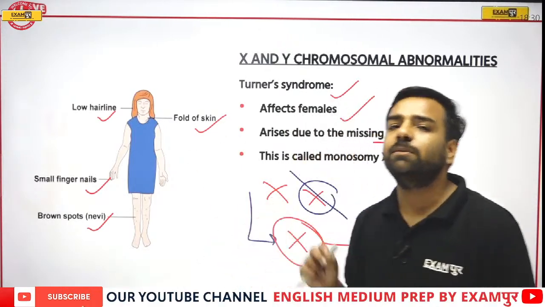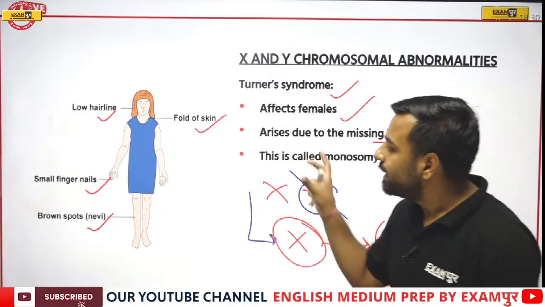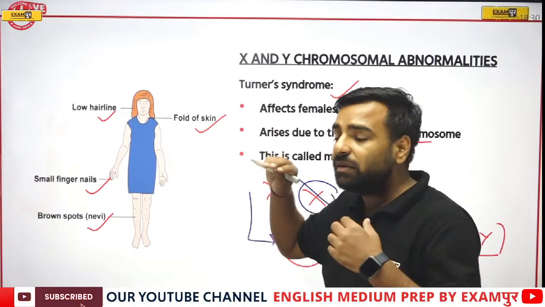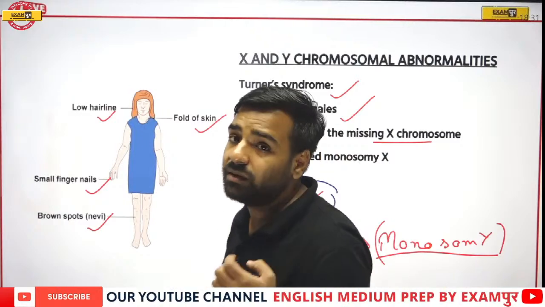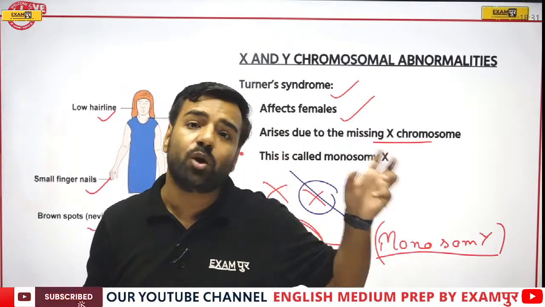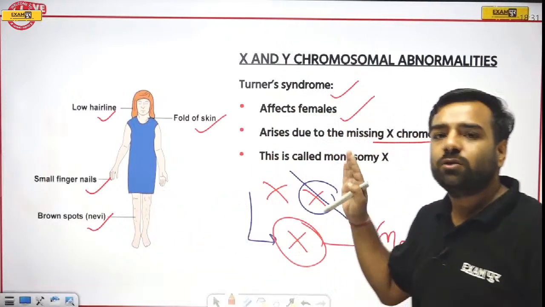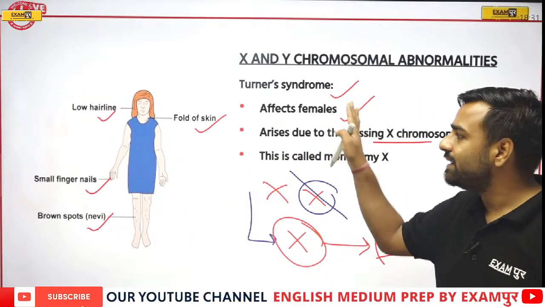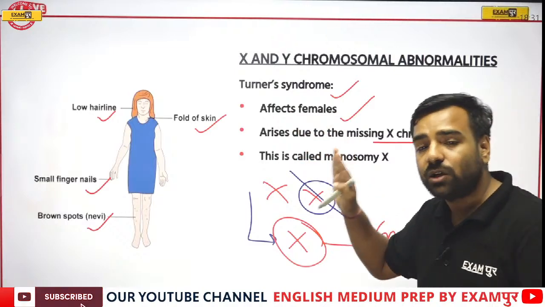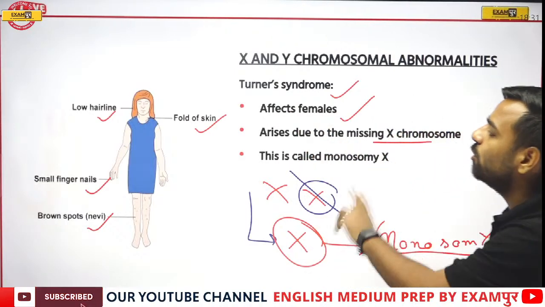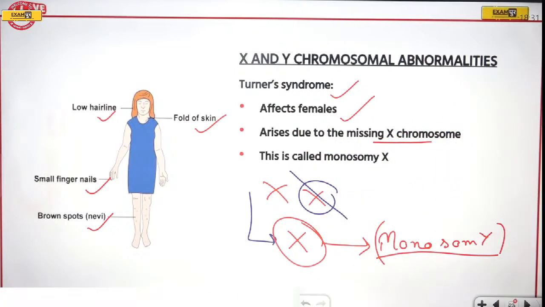And the most important thing, as already told to you, this comes when there may be environmental radiation, there may be improper food intake. Apart from that, hereditary issues, so internal genetic issues and all these things may occur. So remember, monosomy leads to low hairline, fold of skin, small fingernails and brown spots.